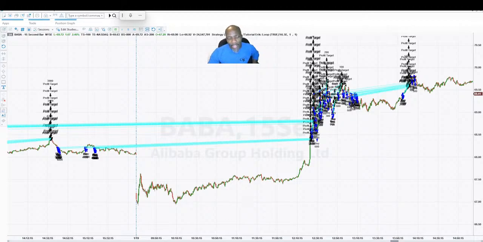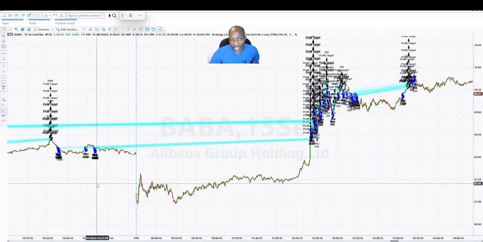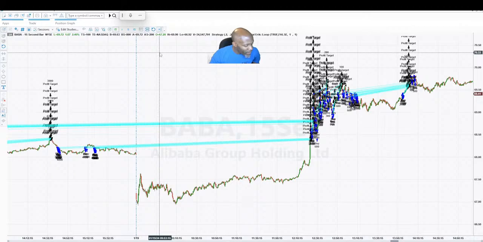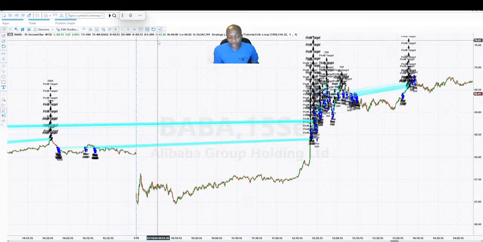Need more money in your account if you do the 10 cents gap instead of the 20 cents gap? Is that what you're saying? Because if you're trading with over 25,000, you don't have the PDT rule against you, then it doesn't really matter. Just how many shares you want to take on, how long you want to hold the position.